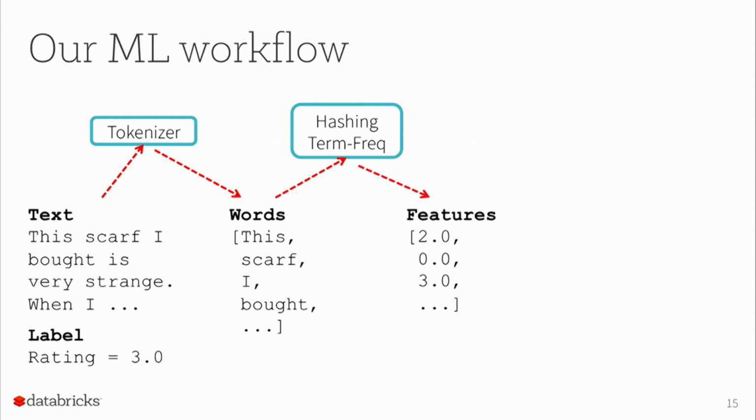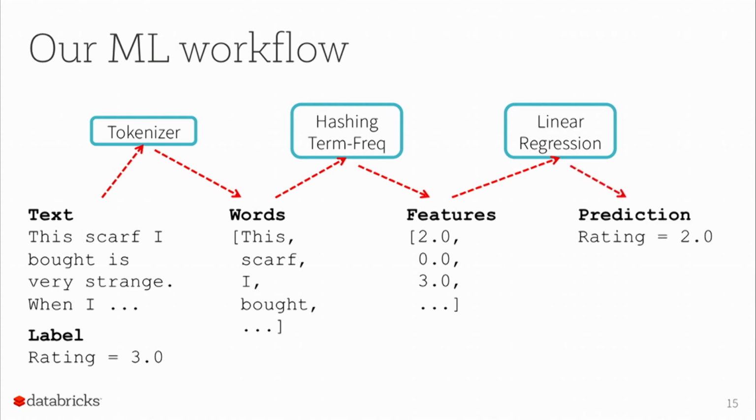So what we've done here is taken our raw text and converted it to a nice numerical vector an ML algorithm will understand. And the actual algorithm we'll use is linear regression. And once we've trained that model, we'll be able to make predictions. Say on this text, we push it through our feature extraction, make a prediction using the linear regression model, and get some rating.